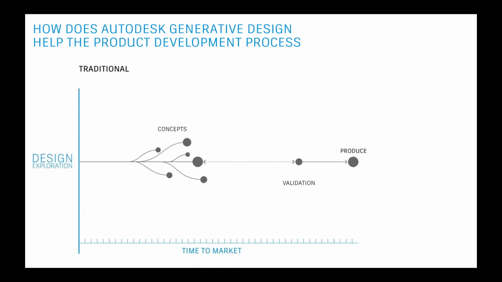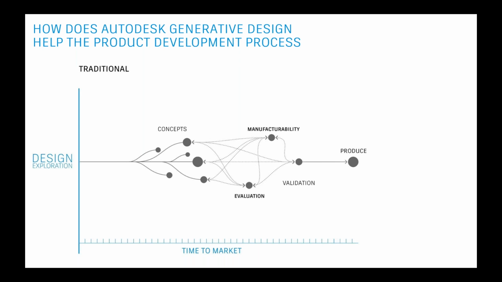So a person is able to think of a few different concepts. And then of course we know that those concepts ultimately need to be validated and produced. So before we get to the validated concept that we are going to produce, we need to evaluate those.